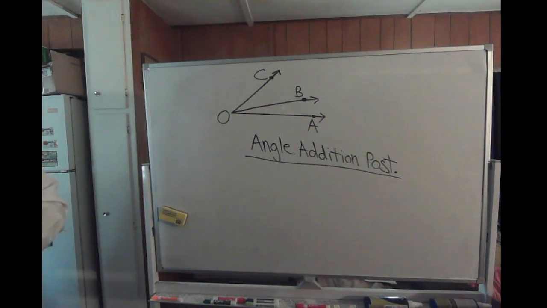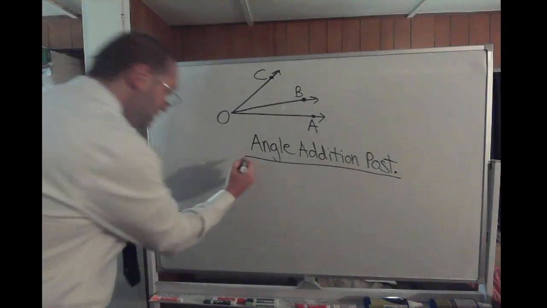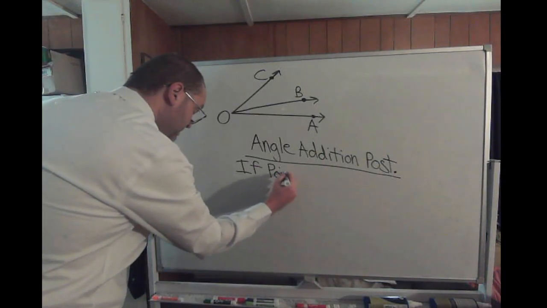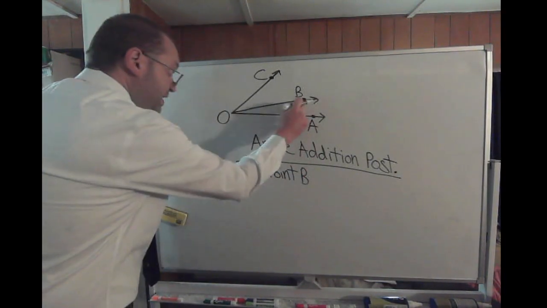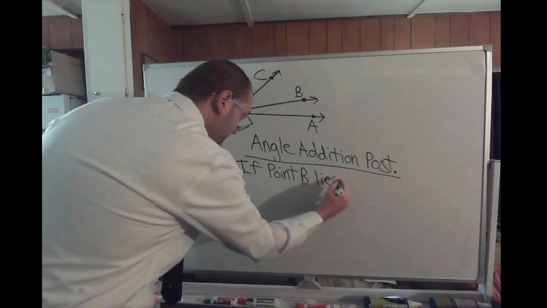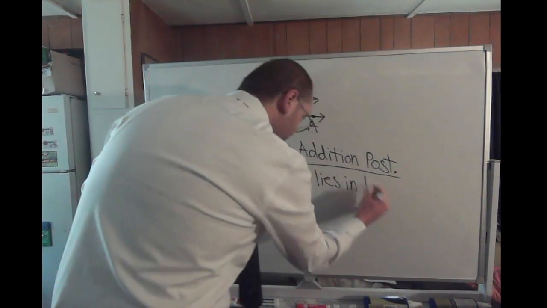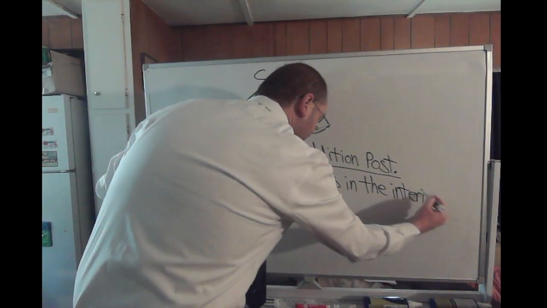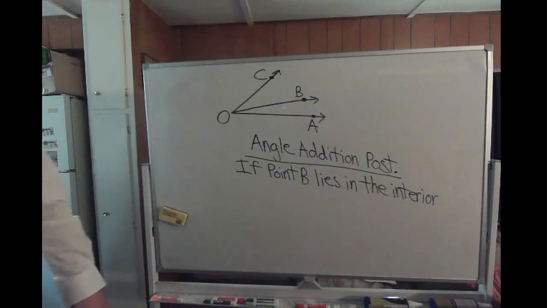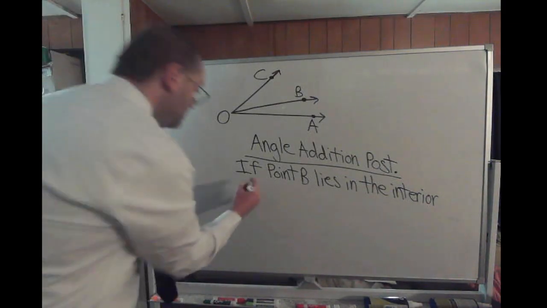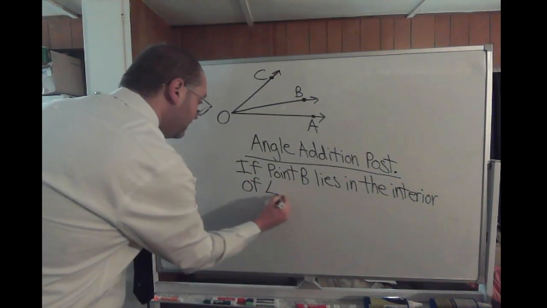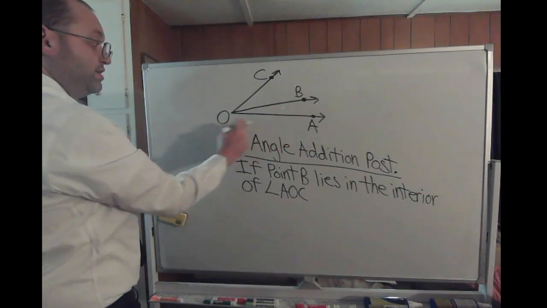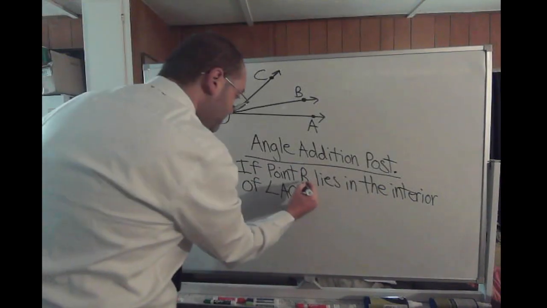So if point B, which is right here, lies in the interior of angle AOC, which it does. Point B lies in the interior of angle AOC. Okay, we've established that.